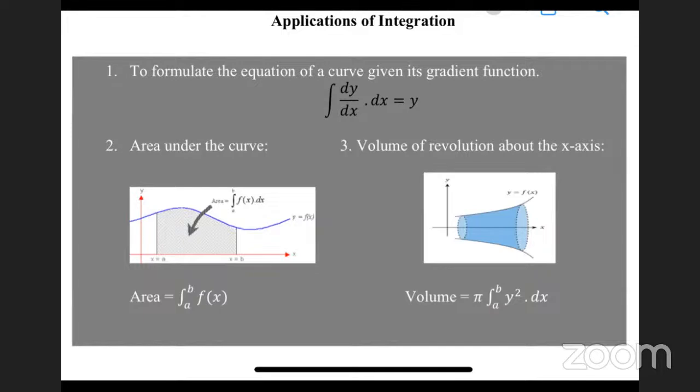Everybody writing? Right, let's take a look at the first application here. You will have to decide which one we're using here, right? Let's just try one quick easy one here.